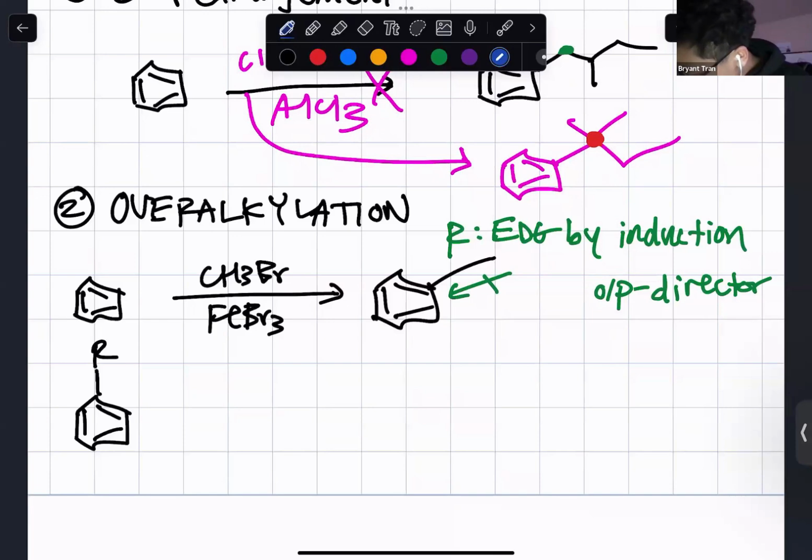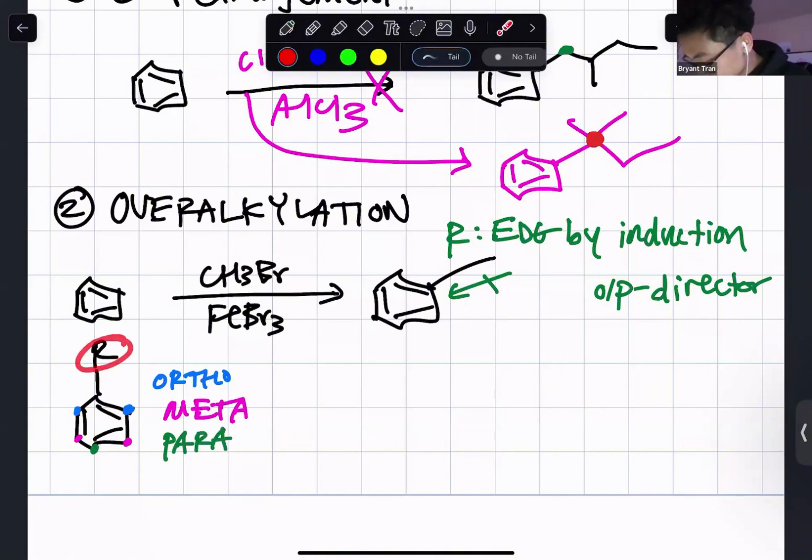The ortho position is one carbon away from the substituent. So that's the carbons in blue. The meta position is 2 carbons away from the substituent. So these are position terms. The para carbon is going to be across, parallel to the substituent, like that, right?